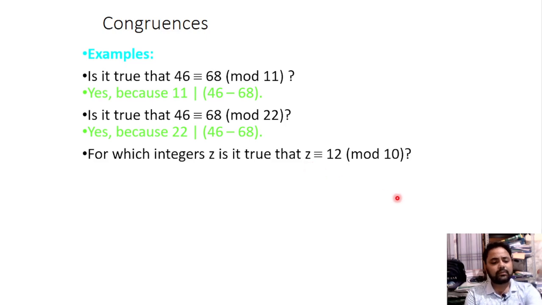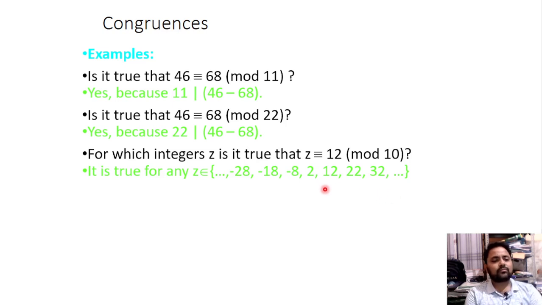So there are many numbers. You can say here 12, 22, 32 in positive directions, and 2, minus 8, minus 18, minus 28 are in negative directions. So there are many numbers we can choose for the statement to be true that z is congruent to 12 mod 10.